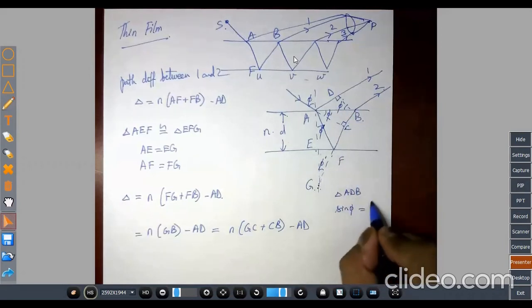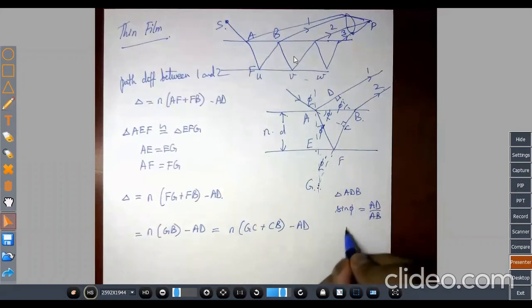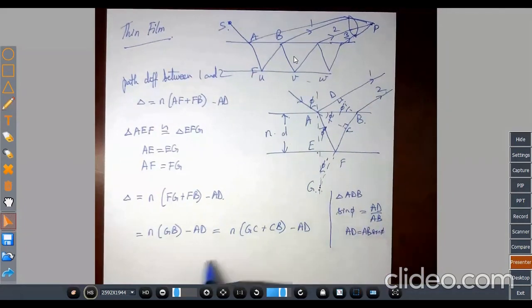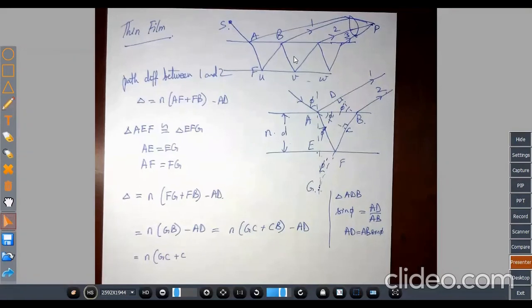Sine phi will be AD upon AB. So AD is equal to AB sine phi. We will not substitute it right now, but at a later stage.